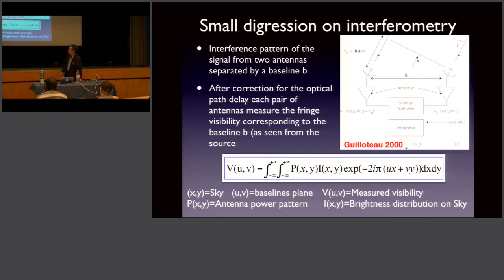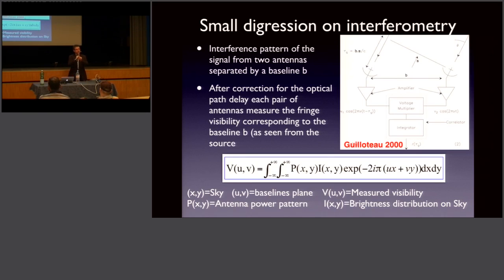One of the things that is important for interferometry is that the maximum separation of the antennas gives you the smallest angular scale on the sky that you can observe, so it gives you the angular resolution. The closest you can pack two antennas together without crashing them into one another gives you the smallest separation that you can measure in the UV plane.